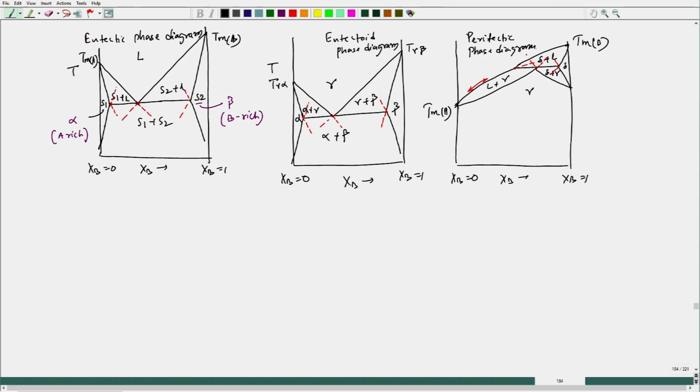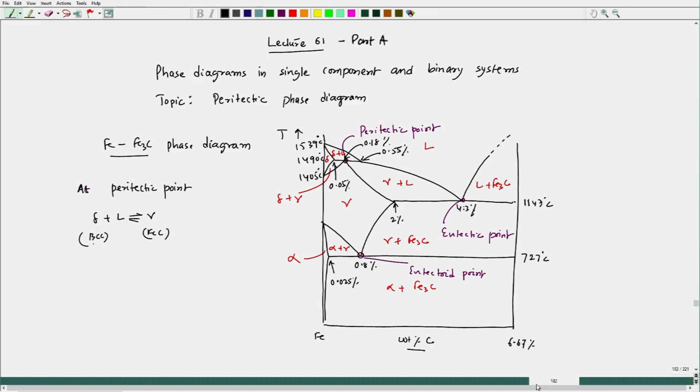Now, in case of the iron carbon diagram, the only difference would be if I plot the free energy composition diagram at a temperature, let us say here. In that case the free energy composition diagram would just shift.